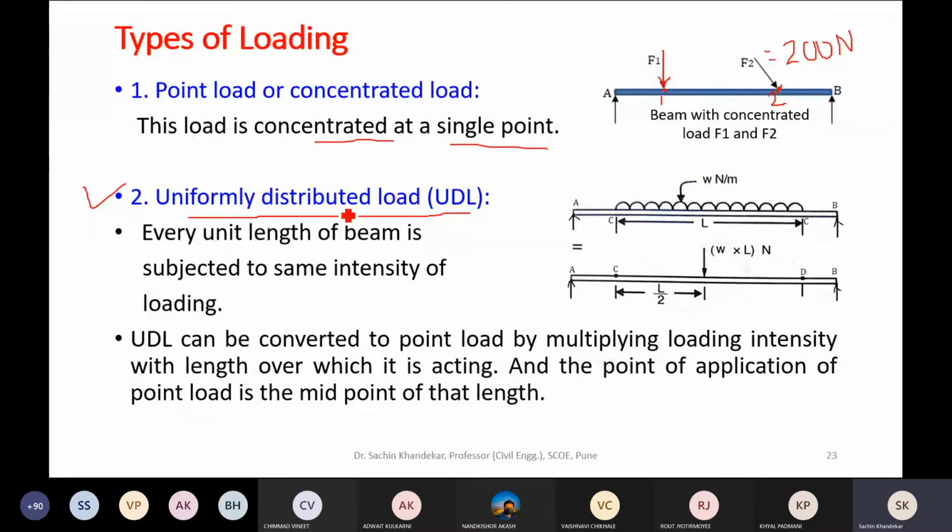In the case of a uniformly distributed load, every unit length of a beam is subjected to the same intensity of loading. Please note, every unit length.